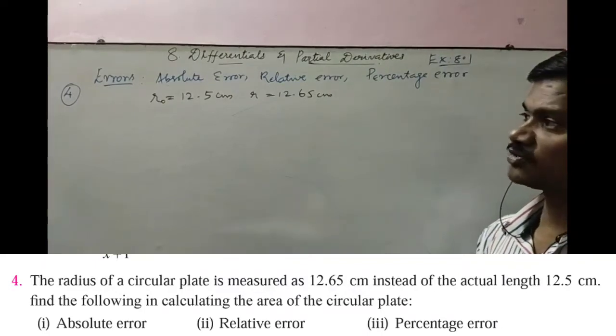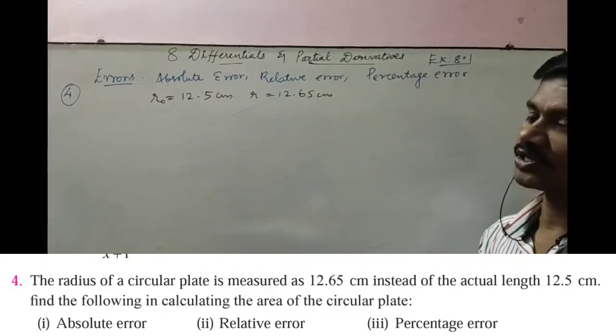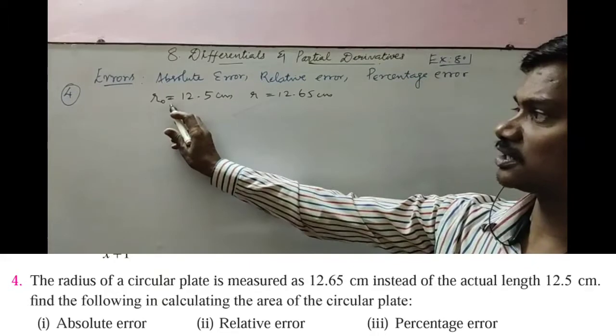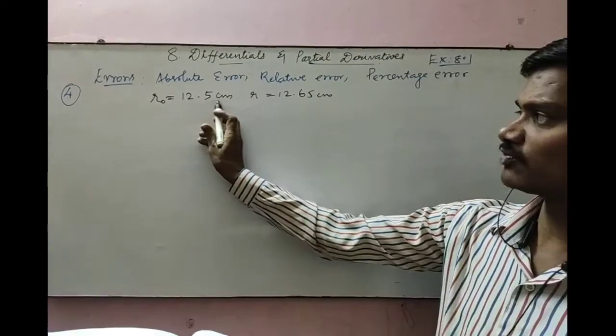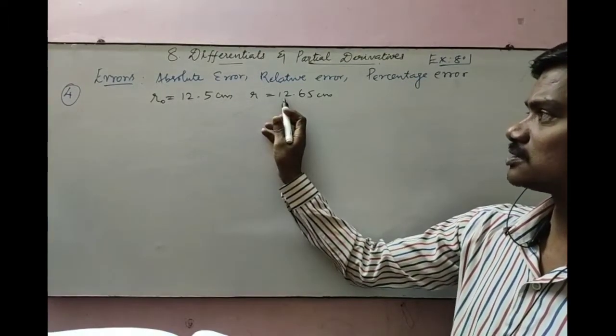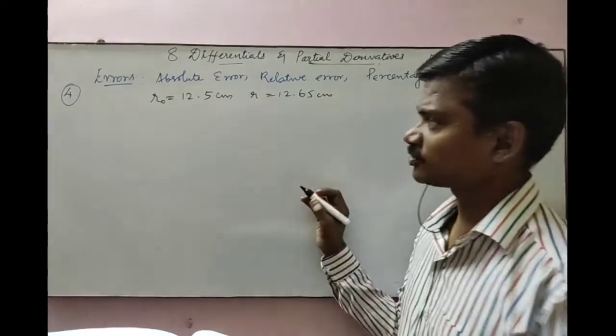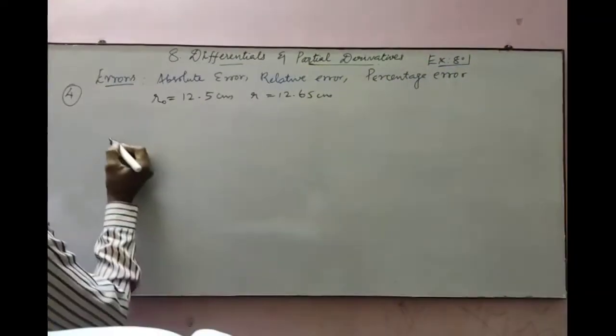The first one is you have to find the absolute error. Second one the relative error. The third one is the percentage error. In this the given values are R0, that is the actual length, 12.5 centimeter, and R is the measured length, 12.65 centimeter. First we are going to find the absolute error.